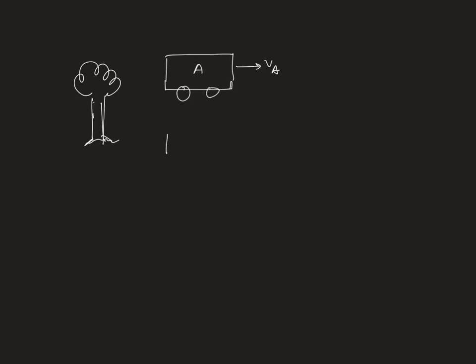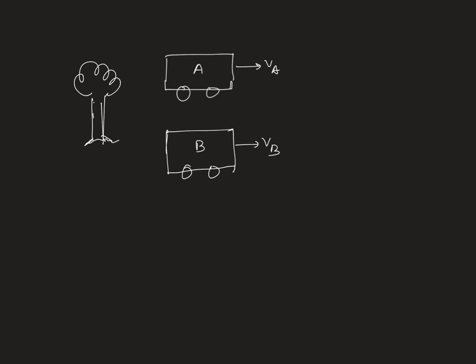Alright, so we come to an example here, and let's say we have three things. We have a tree that is obviously growing from the ground, and then we have a vehicle A, moving with speed VA, and then we have a vehicle B, moving with speed VB.